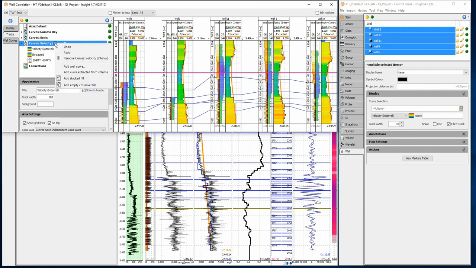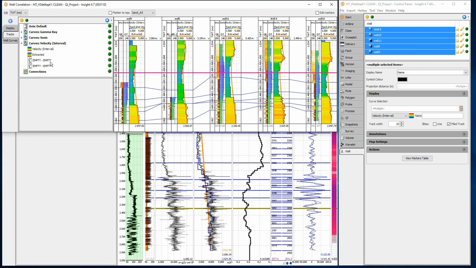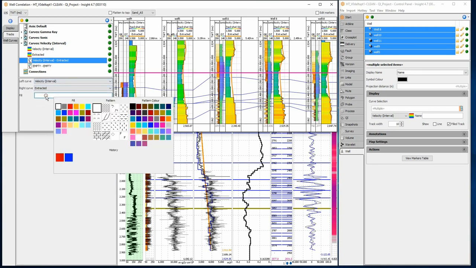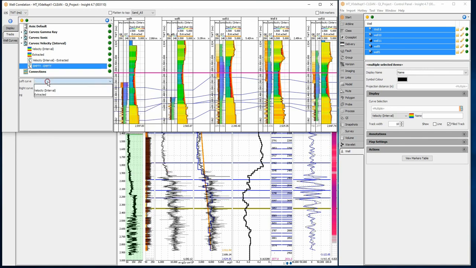A difference curve can be used to highlight the decreased differences in velocity in red. And another difference curve can be used to highlight the increased differences in velocity in blue.